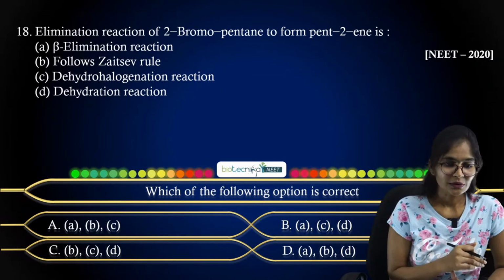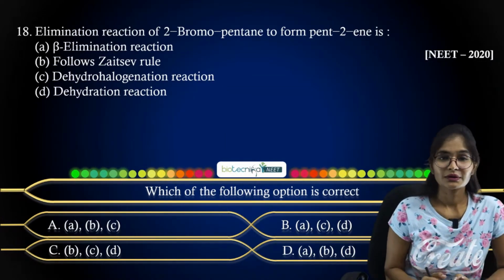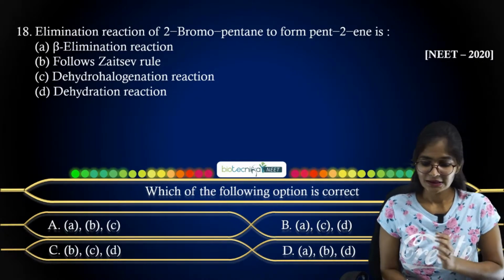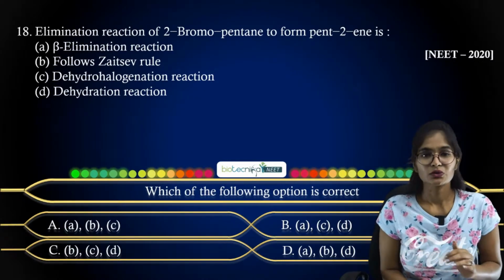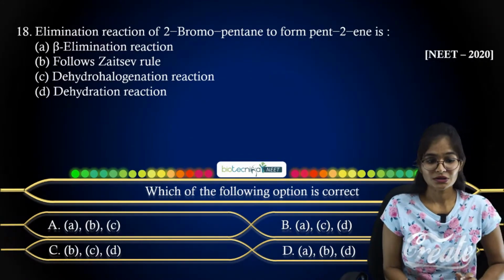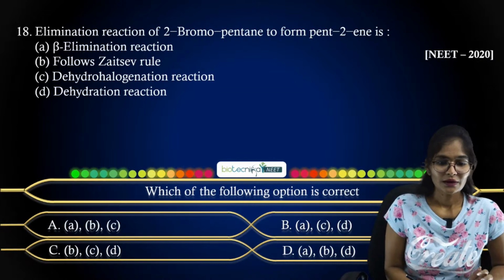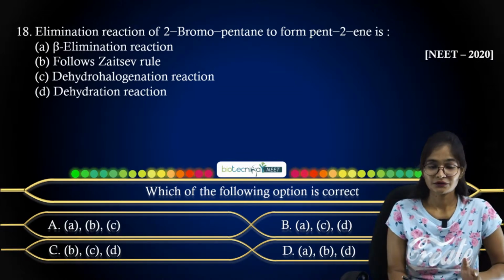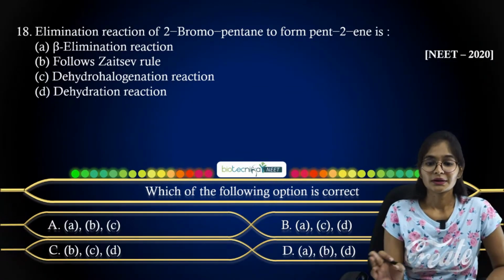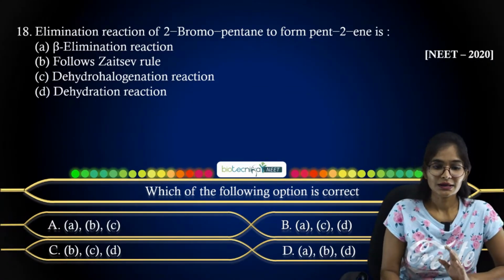You have to tell me whether the statements they have given are followed in the reaction conversion or not. The options are A, ABC, ACD, BCD, ABD. So many options they have given. Let me know what answer you will get. If you want to answer this question, you have to convert the 2-bromopentane to pent-2-ene, so that you can answer well.